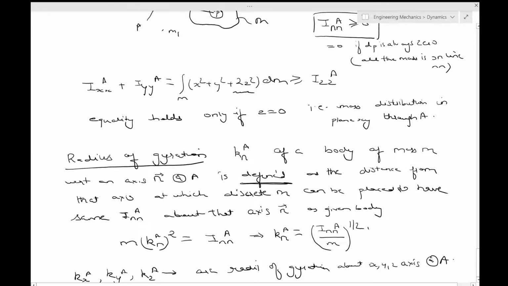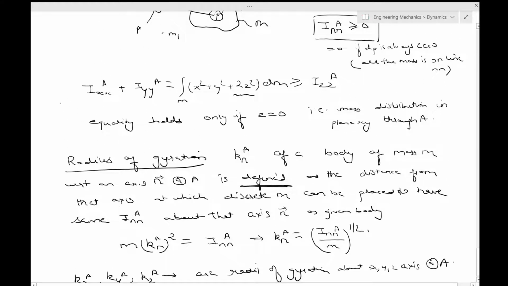Now over here, if you look, Ixx plus Iyy will be equal to Izz if the mass is distributed along the plane xy through A. Okay. Now this definition is important because if this point A is not in this plane, then it won't be really true.